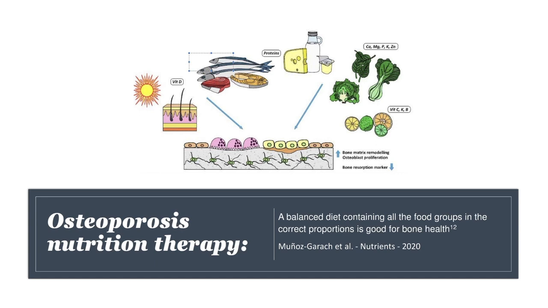Osteoporosis nutrition therapy. Other minerals can be added to calcium and vitamin D that benefit bone health. Magnesium maintains parathyroid hormone levels and acts as a buffer against acidosis. Copper helps in cross-linking of collagen and removes free radicals. Vitamin K maintains an alkaline environment that reduces the need for bone calcium to regulate pH.